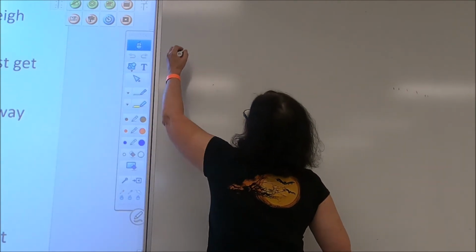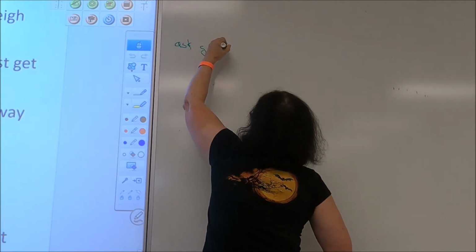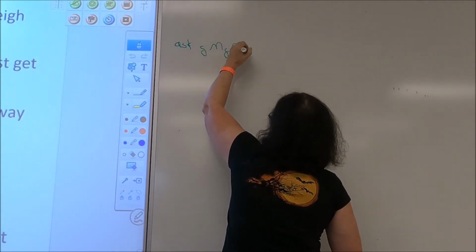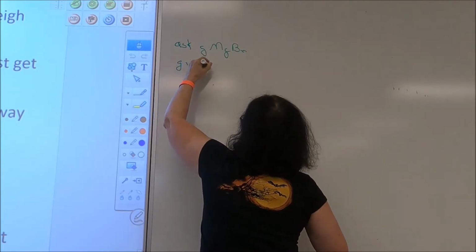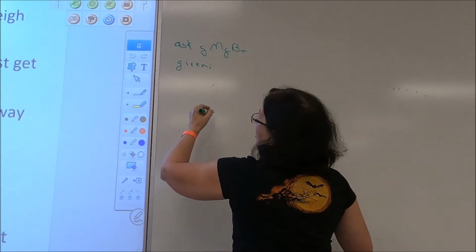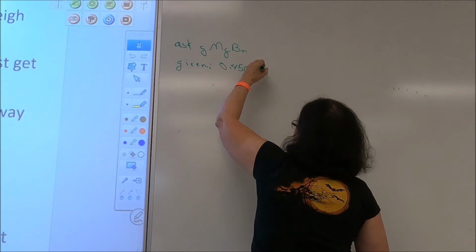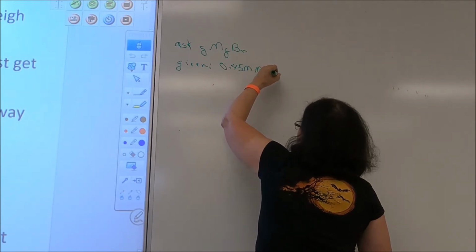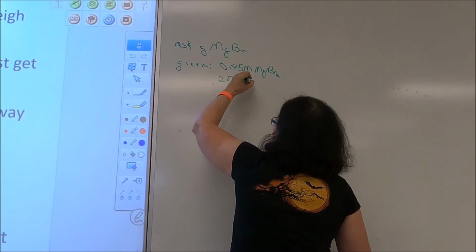All right, so we're asked grams of magnesium bromide. Okay, we're given that we have a 0.45 molar magnesium bromide solution, and we want 250 milliliters.